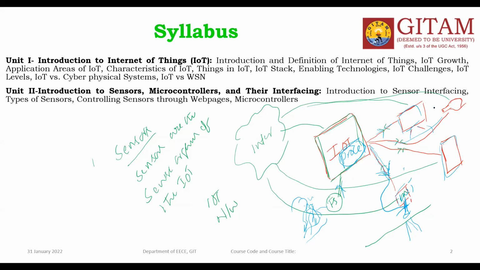Like this, in this IoT network, each and every device is called a thing. This is the first device, second, third, fourth, fifth device. Like 5 devices we have, so 5 things or 5 items.